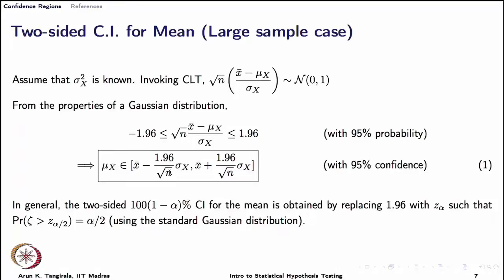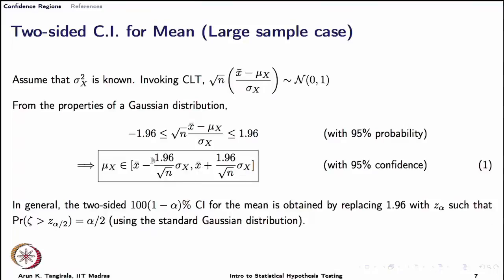How did I arrive at this interval? Very simple algebra. Take each of the bounds, the upper bound and the lower bound on the probability region for z, and then rewrite it in terms of mu. For example, you would write root n times (x bar minus mu) by sigma is less than or equal to 1.96, from which you would be able to say that mu is greater than x bar minus 1.96 by root n times sigma.